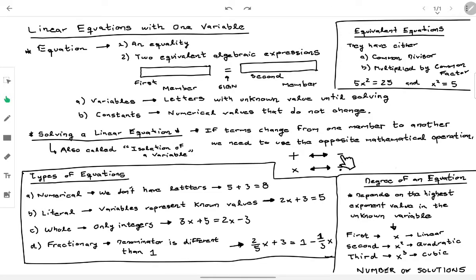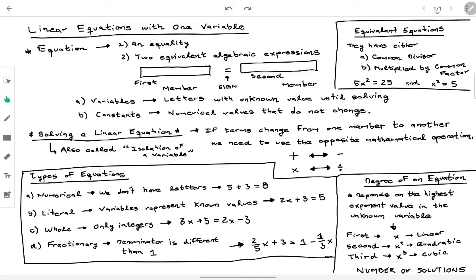If we have a negative one in one member and we change it to the other member, it will become positive. If something is multiplying on the first member, it will become a division on the second member, or vice versa. Solving a linear equation is also called isolation of a variable.